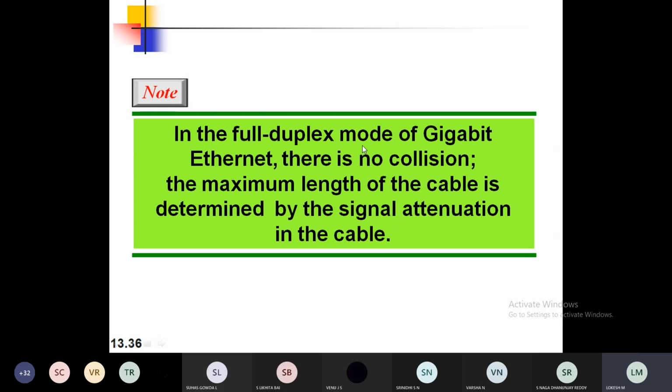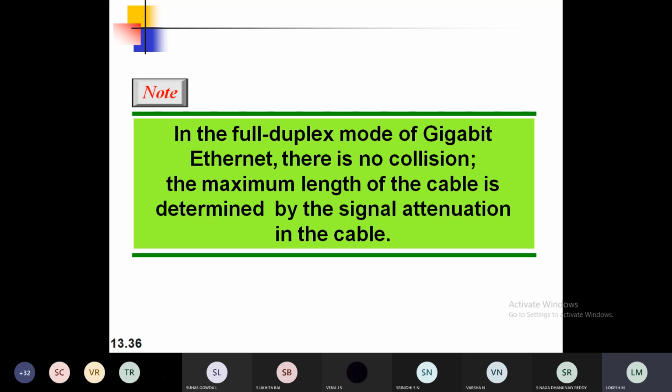Okay, in the full duplex mode of giga Ethernet there is no collision because the bandwidth is more, like 1000 Mbps is there. So definitely the devices can comfortably transmit their data. So data rate will be easily transferred.